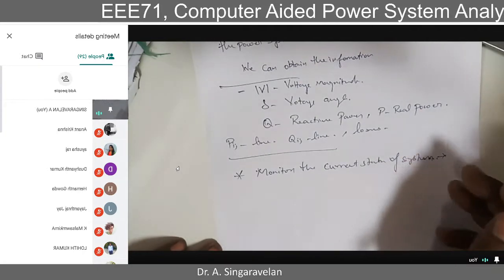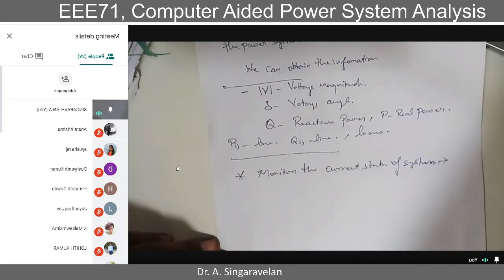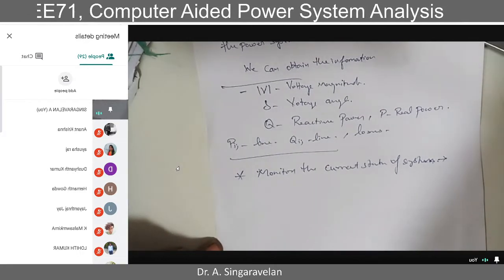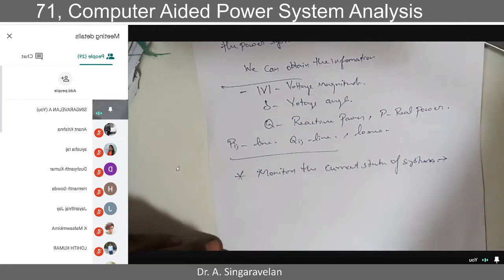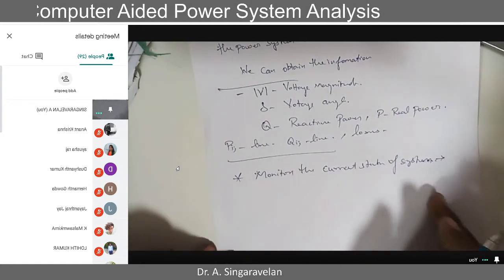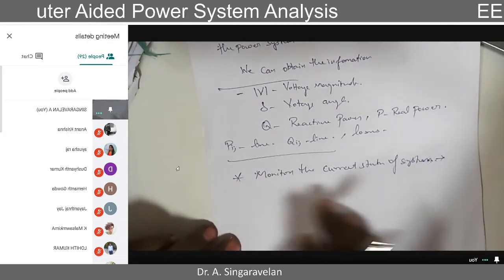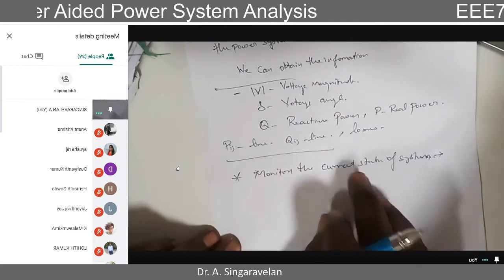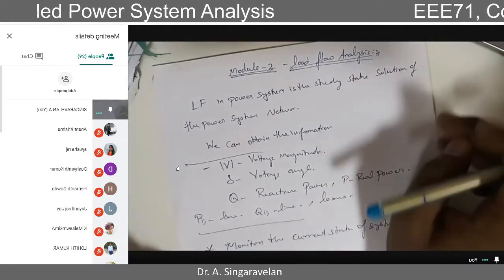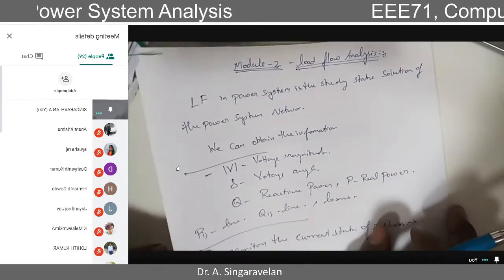Because then only can we find out some losses, a leakage or fault, or stability mismatch, or some economic operations for making the system as efficient as possible, or as low cost as possible, right? So we need to continuously monitor the system. If you want to continuously monitor the system, the only way is to do the analysis by load flow.